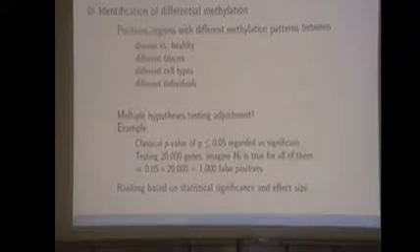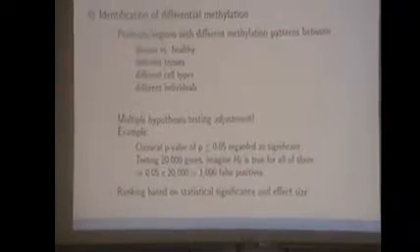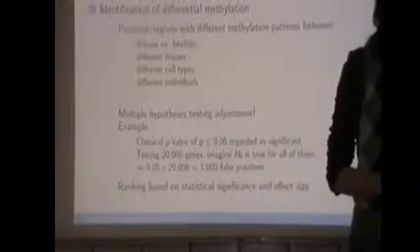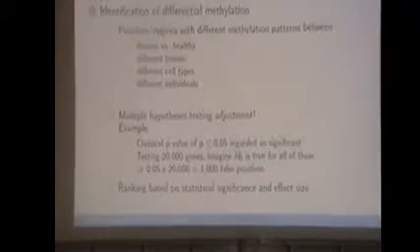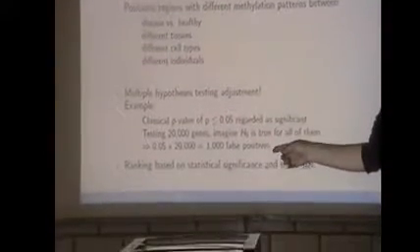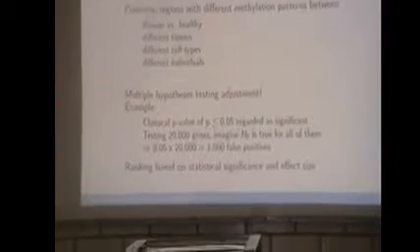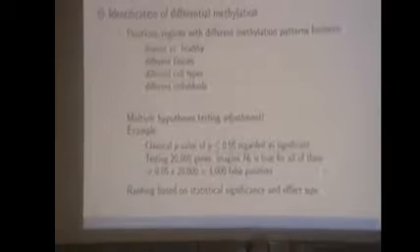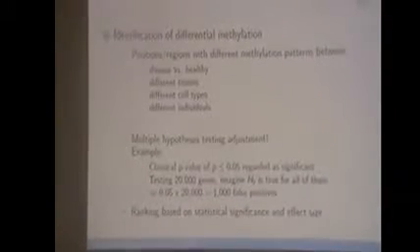But when you test around 20,000 genes, and imagine that the null hypothesis is true for all of them, then you would expect to have altogether 1,000 false positives. So you would say that there are 1,000 genes with differential methylation, although there is not any gene with differences.